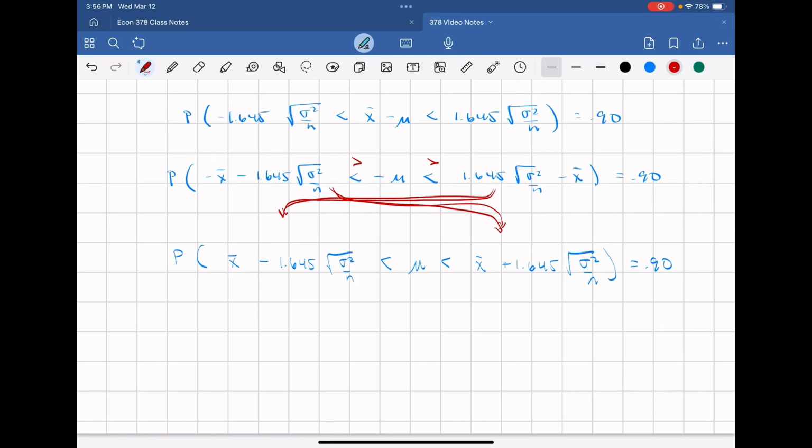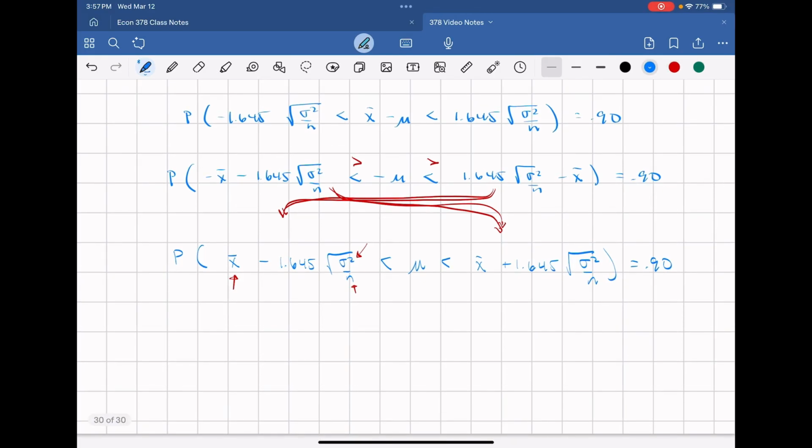Now I just have to plug and chug. I know what x bar is, that was given in the data, 47,000. I know sigma, also given in the data, 13,000. And I know n, which is 100.